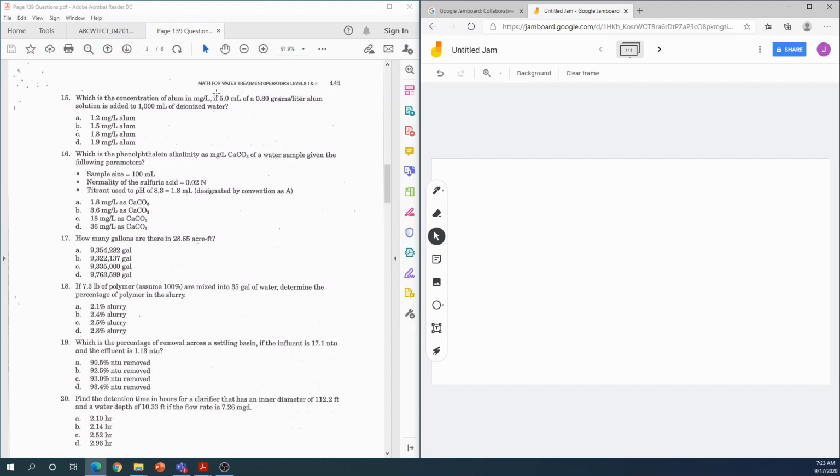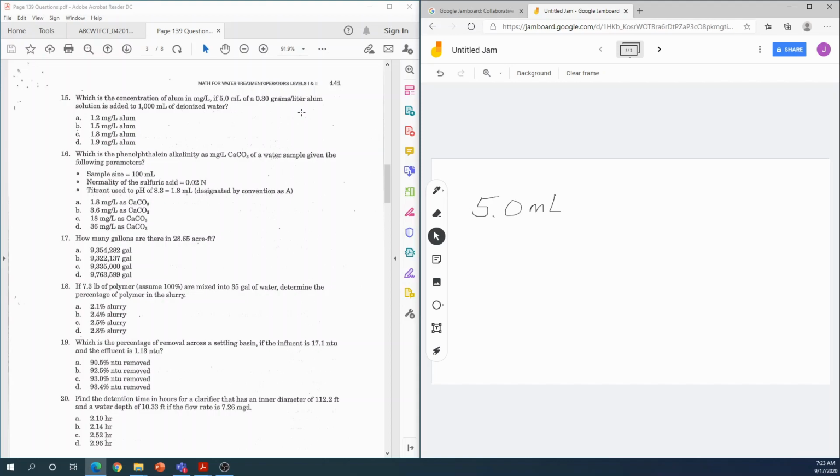We know we have 5 milliliters of a 0.3 grams per liter solution. So 5.0 milliliters, and we have 0.3 grams per liter of the solution.